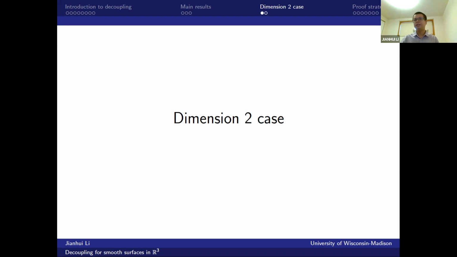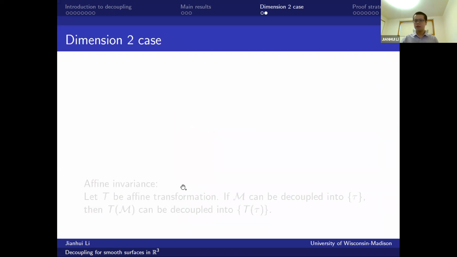I will give you a brief idea on what happens in 2D. So what happens in 2D is that any 2D curves, like, we consider the surface in 3D, which is the curves in R2.